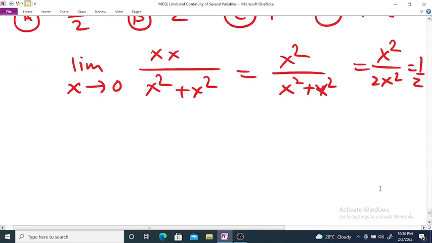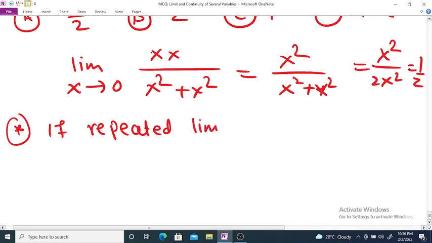Next, last one. If the repeated limit exists and equal, then the simultaneous limit.